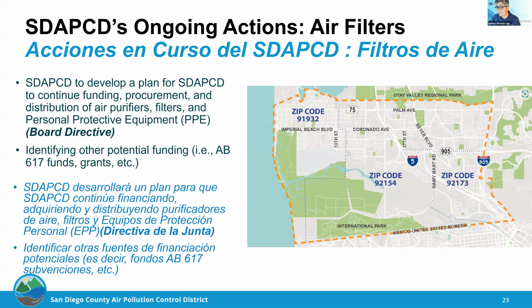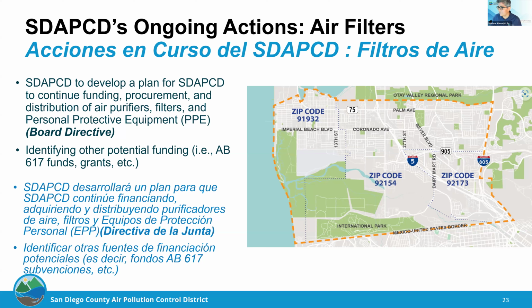And then a key question too is hearing from folks on this call and beyond, as APCD takes that program on in-house, what are some key factors from what we learned from the first pilot program that we should take into consideration when developing that program in-house for air filter distribution.